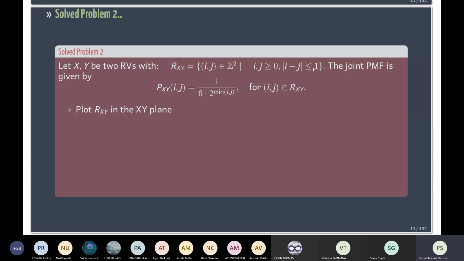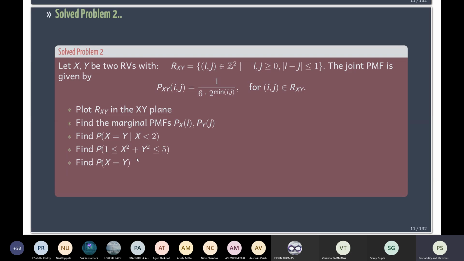Find the marginal PMFs. We are given the joint, so we have to find the marginal. Find the conditional probability. Find the probability that X is equal to Y. And find the expectation of X given Y equals 2.